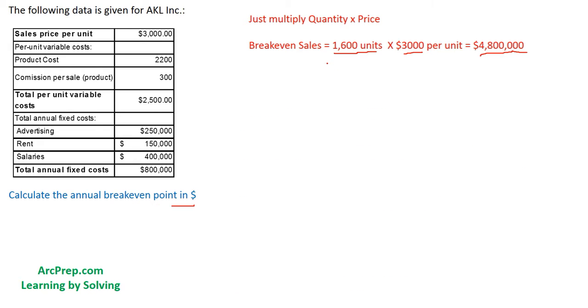There are fancy ways that I'm going to go over, but this is really the simplest way. Take the break-even quantity, multiply it by price. That is going to give you the break-even point in terms of dollars. So at $4,800,000 sales, the profit is literally zero. You are literally breaking even, and you can calculate that.